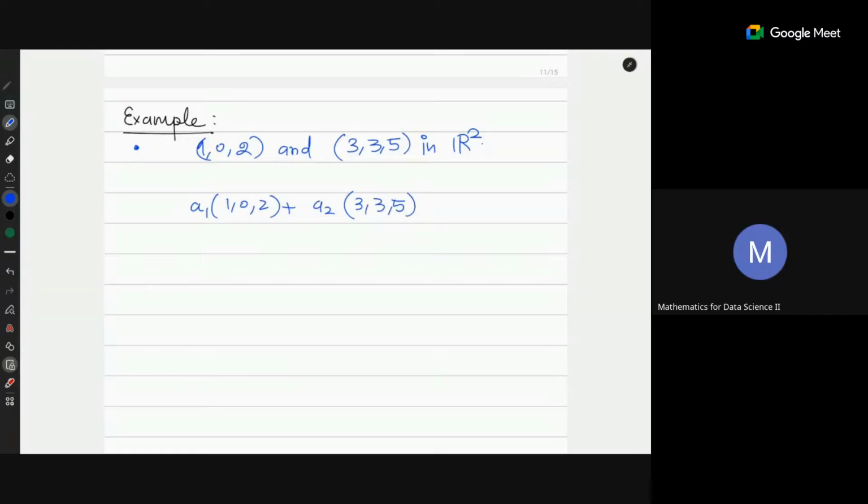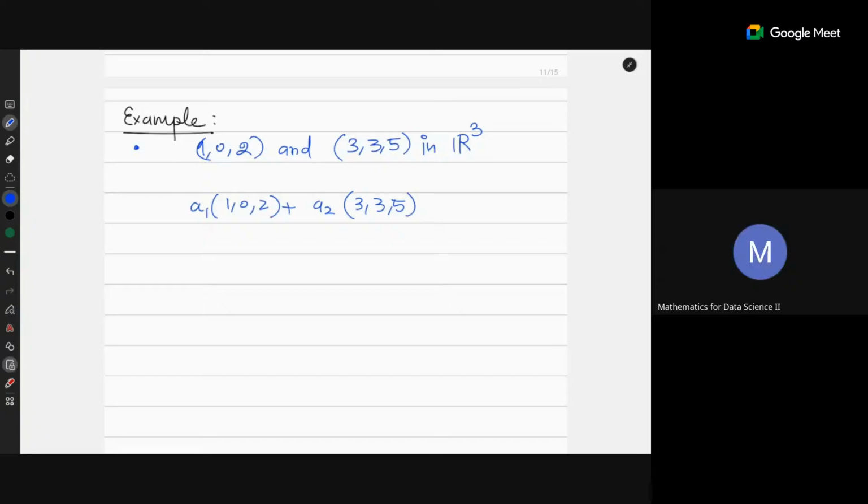Now how many equations will there be? Obviously, these vectors are in R3, so we need 3 equations.